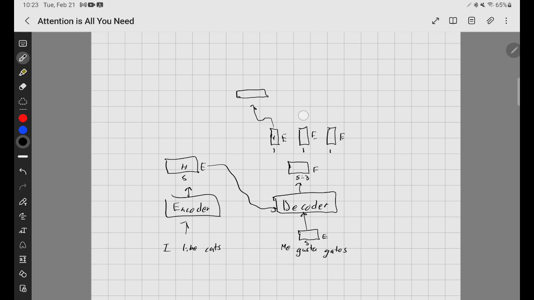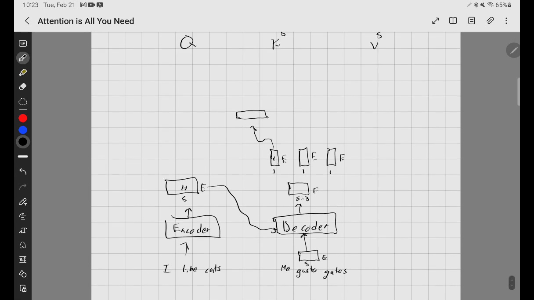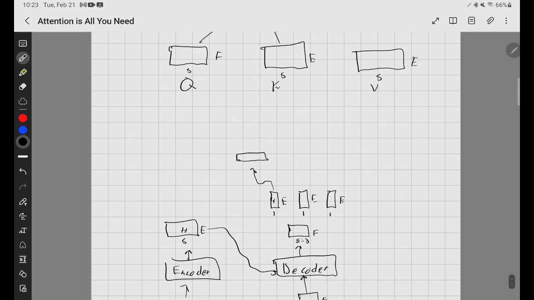And the second vector represents it for the words me and gusta, and the third vector represents it for me gusta gatos. So instead of doing this sequentially, we can do it in one step where we feed the whole sentence through the decoder, and we get all the output tokens.